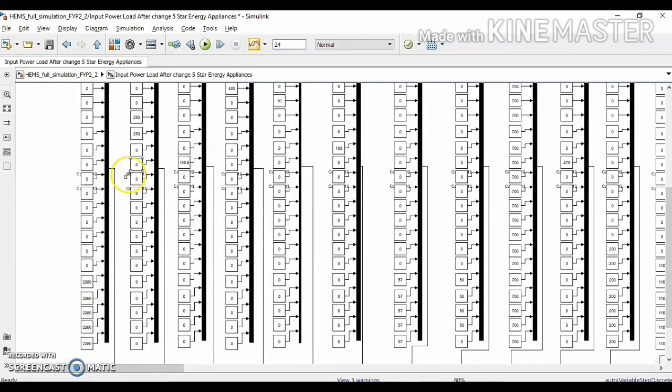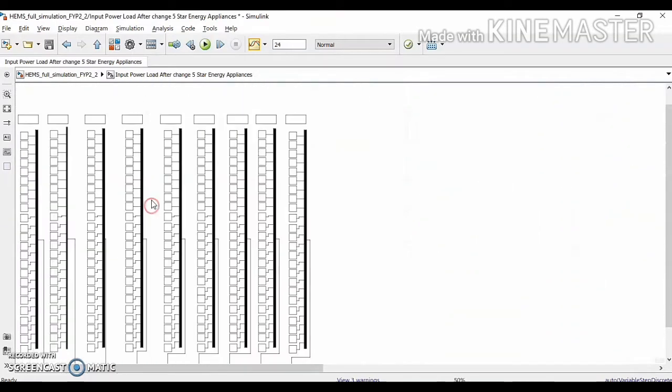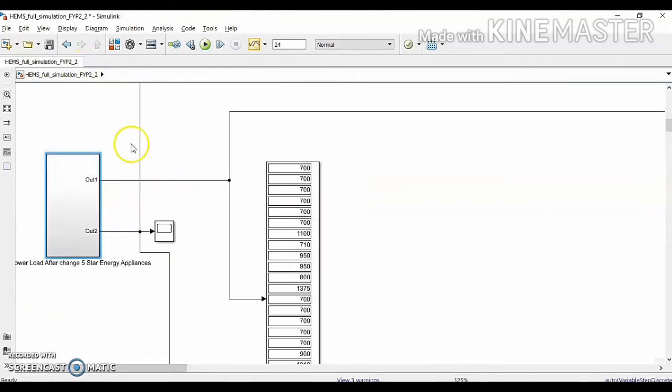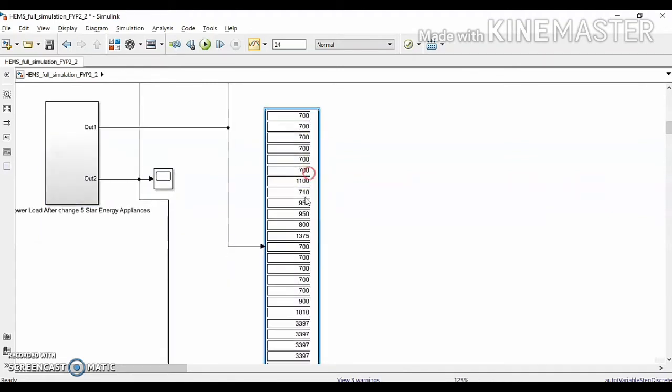So I have put in all the input. After that, I summed all of the input and added it. For 1 a.m. we can see 700 watt, 2 a.m. 700 watt, 3 a.m. 700 watt, and so on.